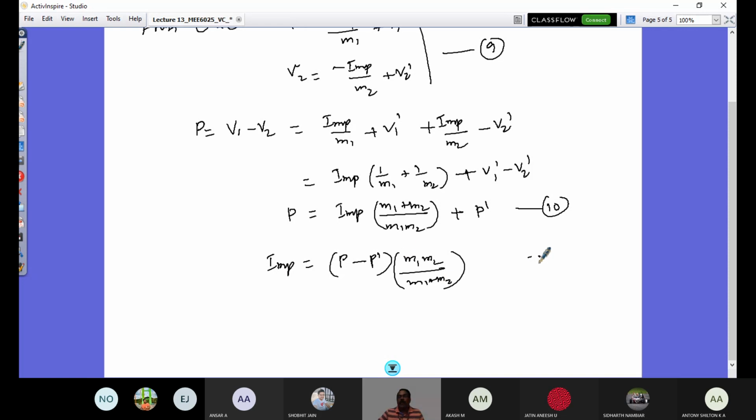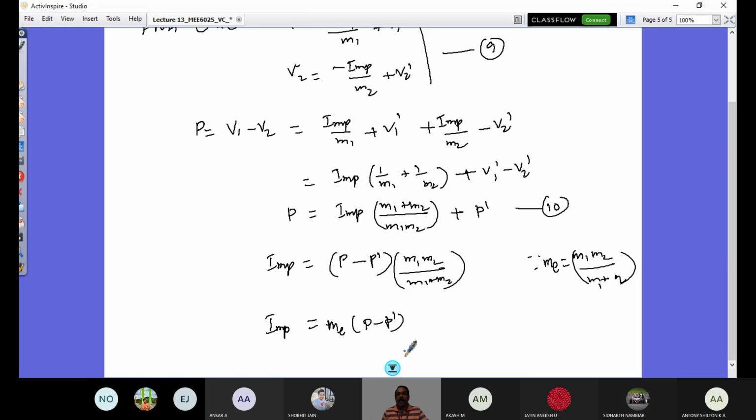Here I define the effective mass as just M1 M2 by M1 plus M2. So if this is the effective mass, I can rewrite this as effective mass into P minus P dash, which is the total impulse of the system during the collision.